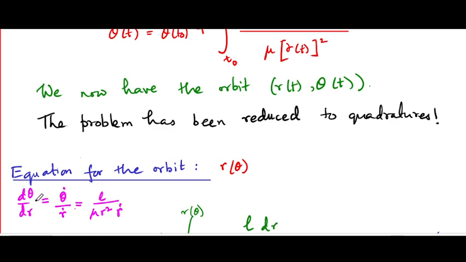This is just elementary calculus: d theta by dr is nothing but the ratio of theta dot over r dot. But now theta dot is known to be L by mu r squared. So you are dividing L by mu r squared by r dot. Remember though that r dot is actually known already. r dot is, up to a sign, given by the square root of 2 by mu times E minus U effective at r.